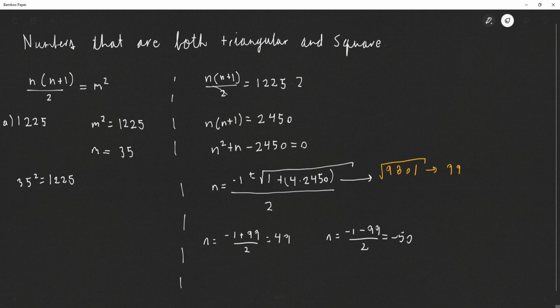So since we need our numbers to be positive, we have to discard n being equal to -50, which means that 1,225 is equal to T of 49, which is equal to 49 times 50 divided by 2, if you want to put it in the formula just to check.